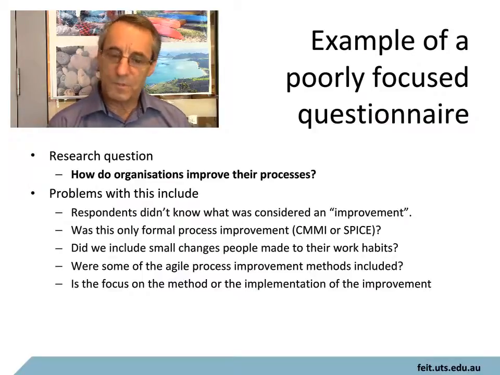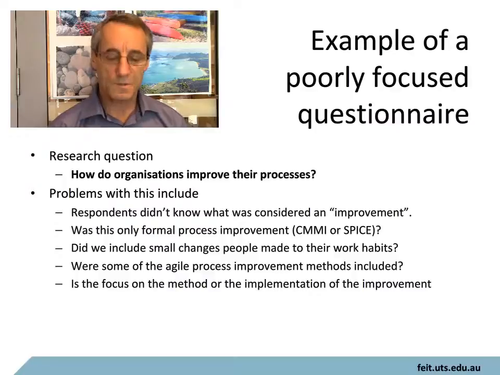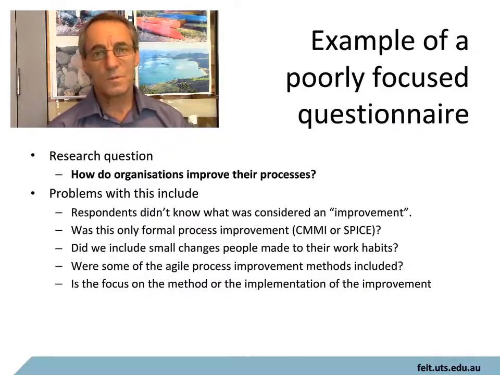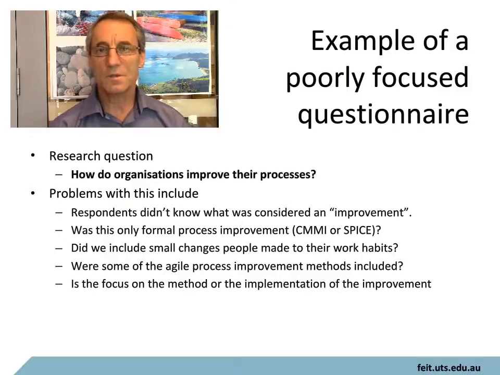Were some agile process improvement methods included? Now, agile software development is fairly big on retrospectives. And in a retrospective, the whole point is to sit around and think, well, why didn't it go so good? And how are we going to do it next time? Is that a process improvement? Well, it might be, because the change might be a change to a checklist. Well, is that part of the process or not?